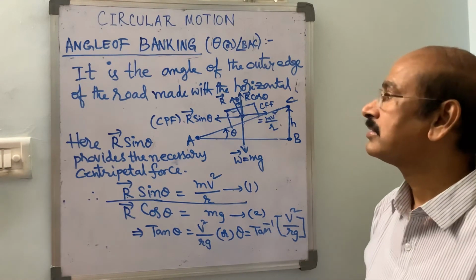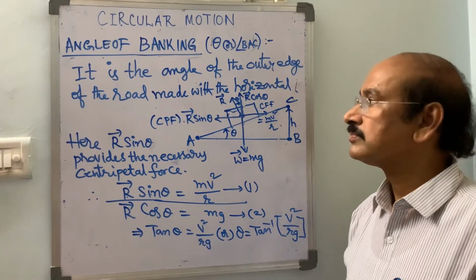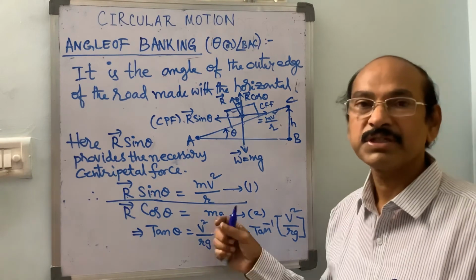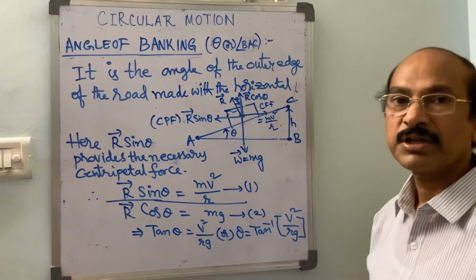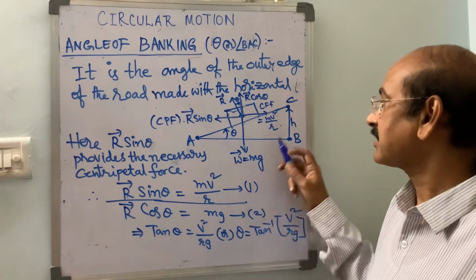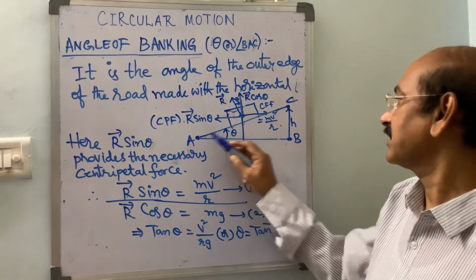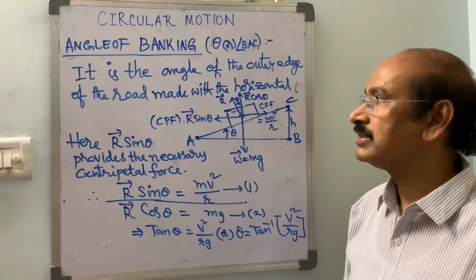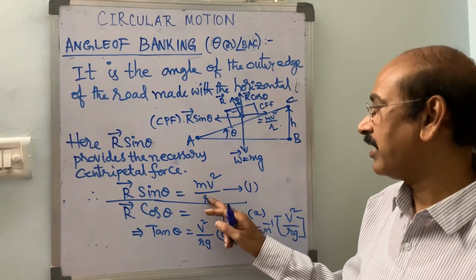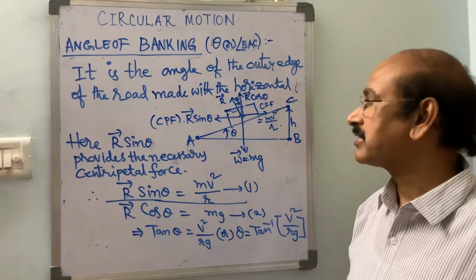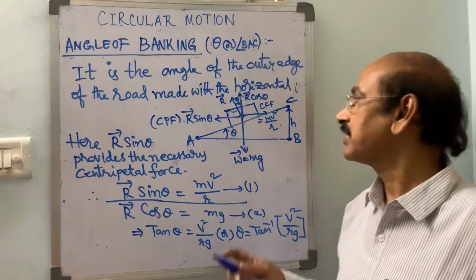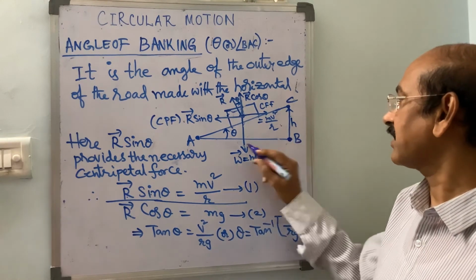And we know the definition of centripetal acceleration: the acceleration acting towards the center of the circle is known as centripetal acceleration, equal to v square by r, or r omega square.